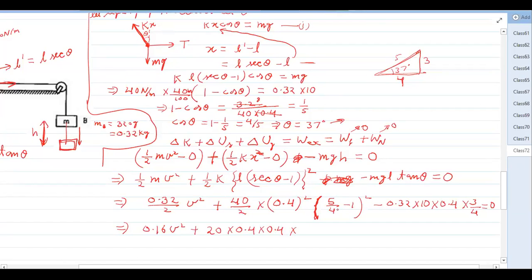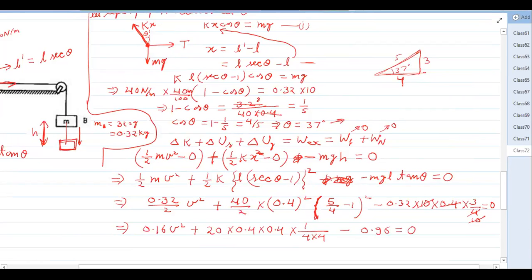So 1 by 4 into 4, and if we solve this we get 10, so 10 cancelled. We get 3 into 0.32, so 0.96 equal to 0.